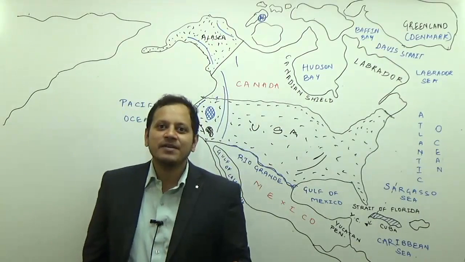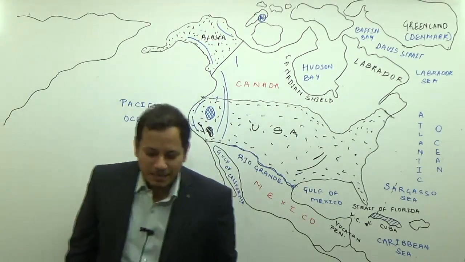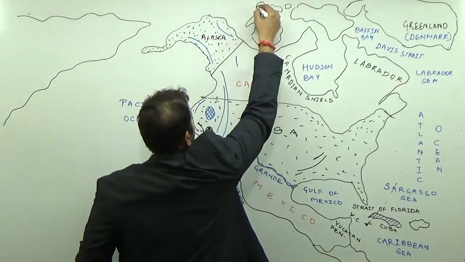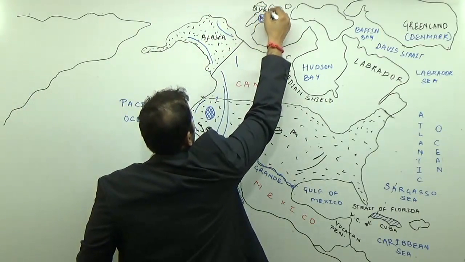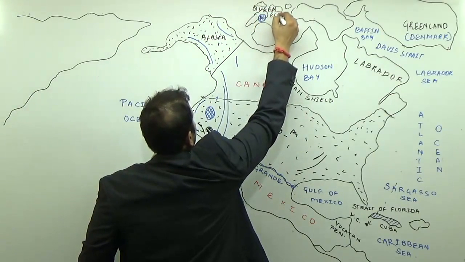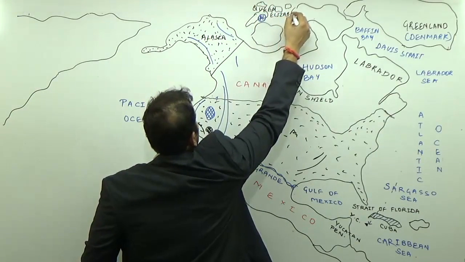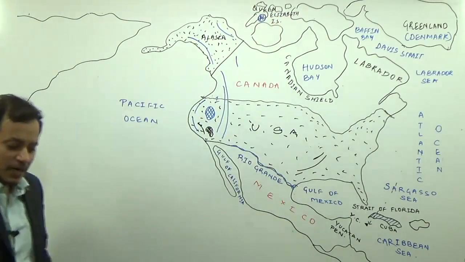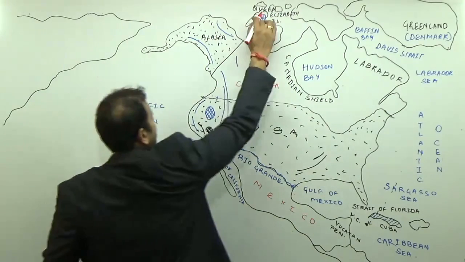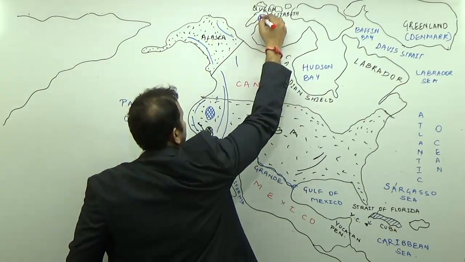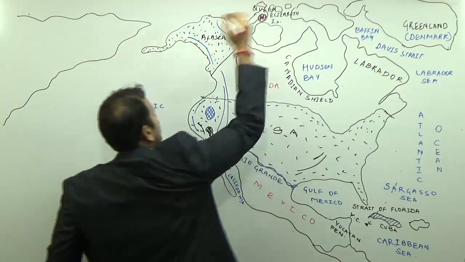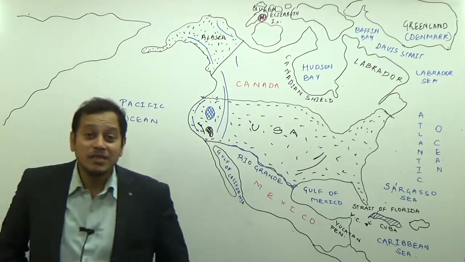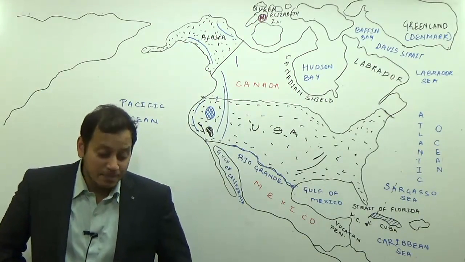In which group of islands? The Queen Elizabeth Islands. I'll mark this with reddish color.